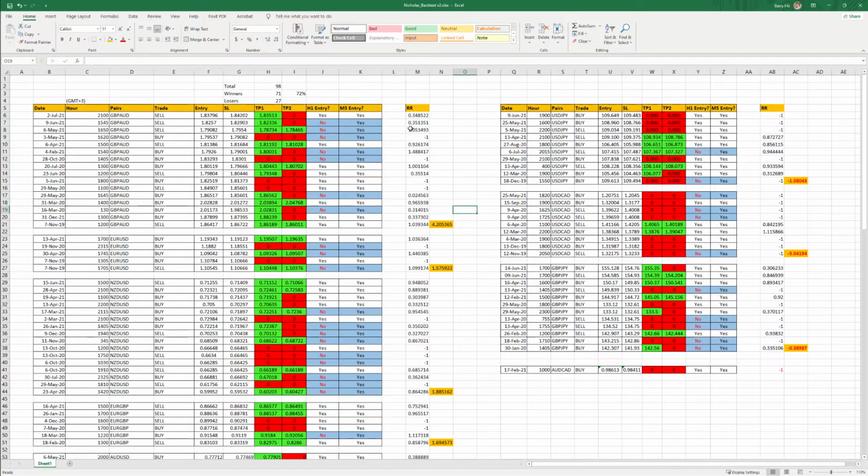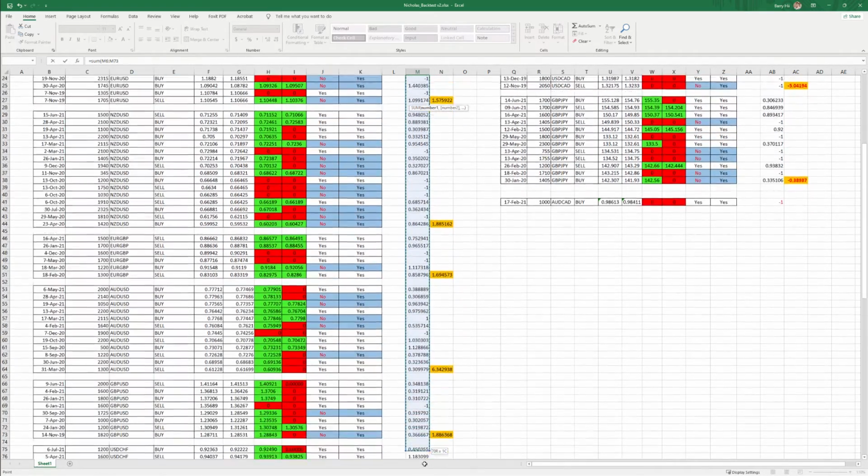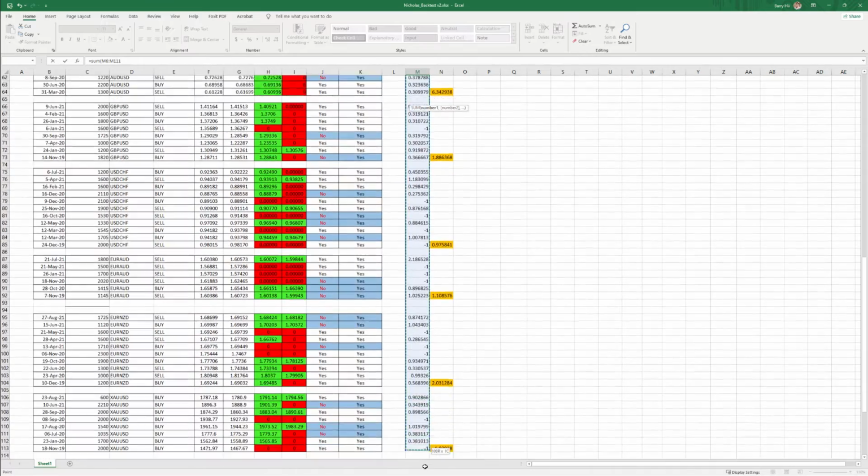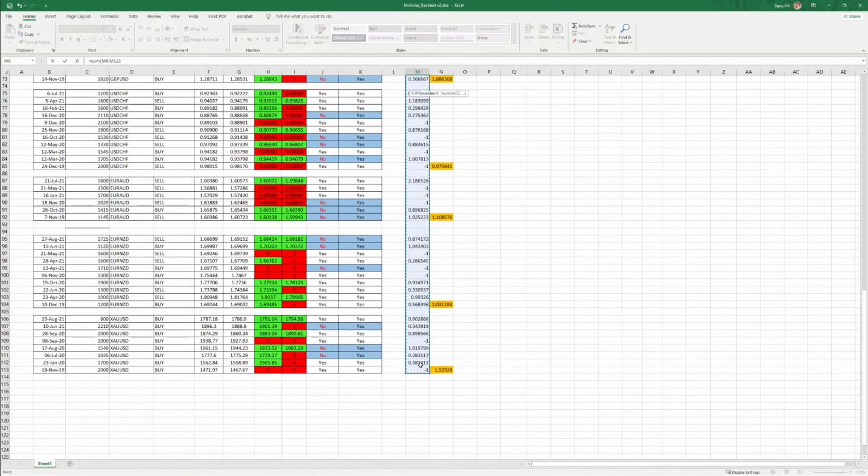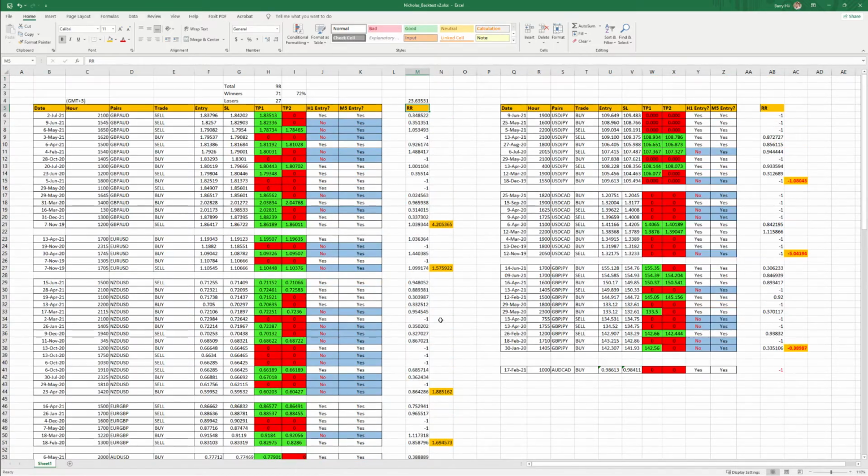So at the end of the day, let's sum all of these up for now. We get 23.63.